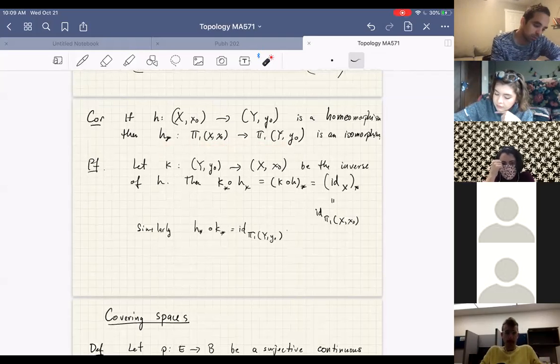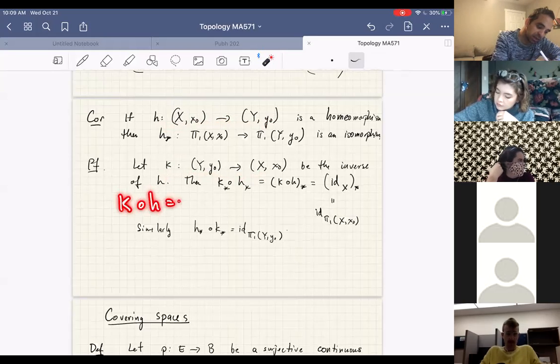So why is that? Well, if you have a homeomorphism of spaces, then you have an inverse. Let's call that inverse K. What does it mean that K is an inverse of H? It means that K is a continuous map such that this is the identity, and also the other composition is the identity as well.